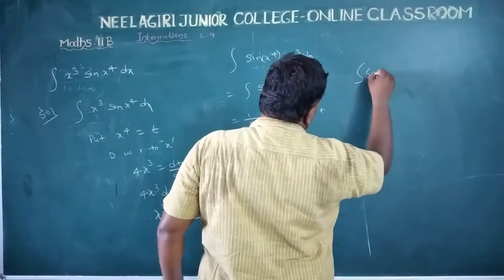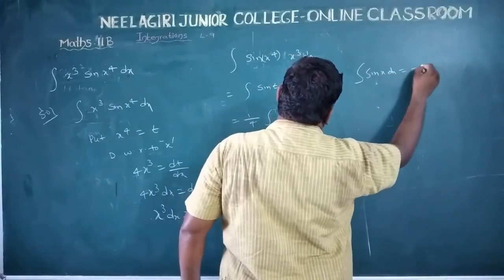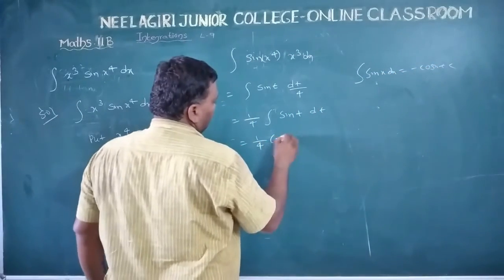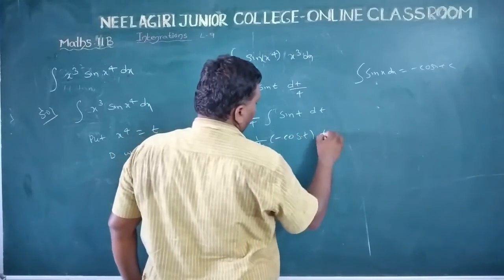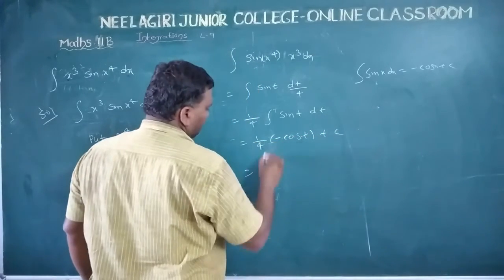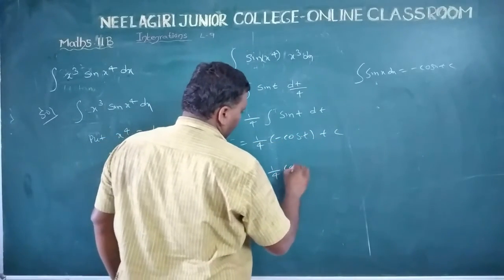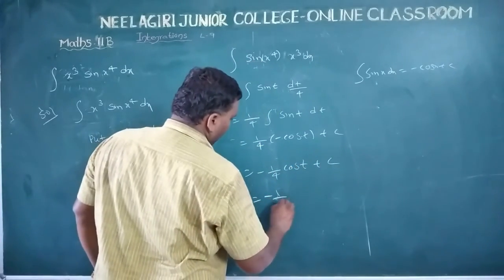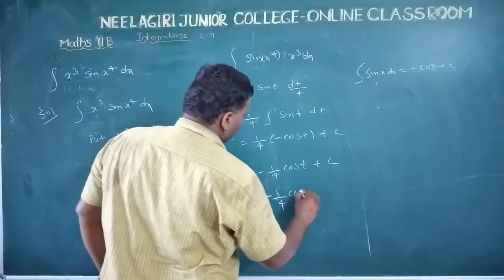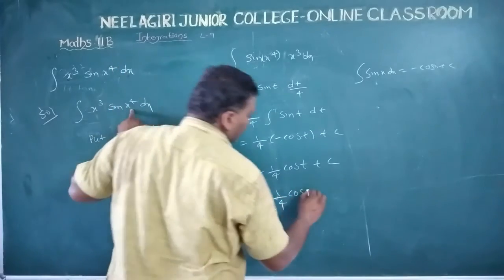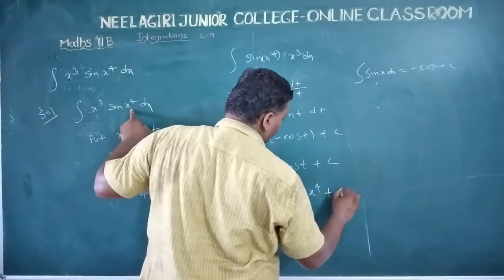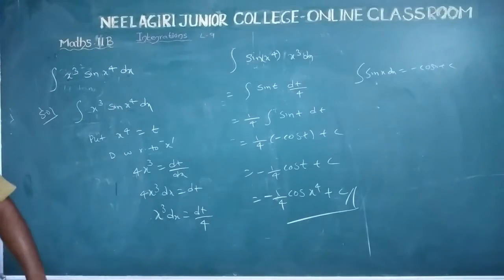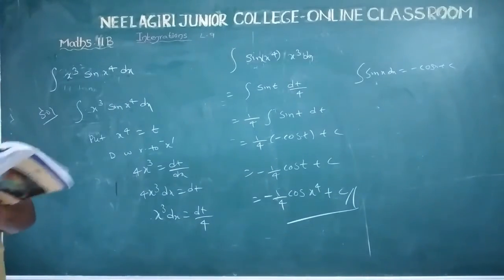Integration of sin x dx is equal to minus cos x plus c, so minus cos t plus c. So it is minus 1 by 4 into cos t plus c, and t is x power 4, so minus 1 by 4 into cos of x power 4 plus c. Next problem.